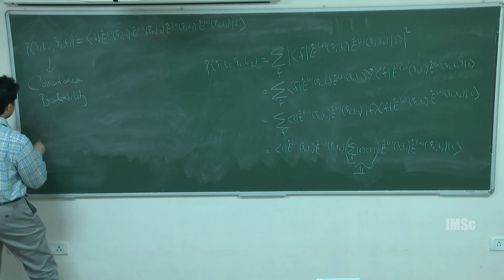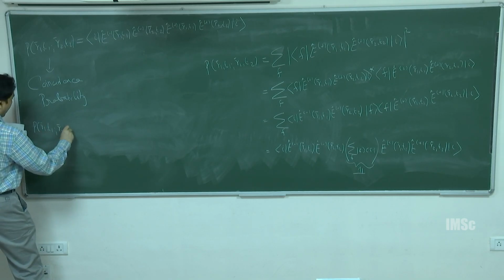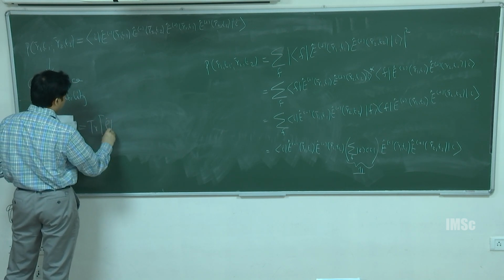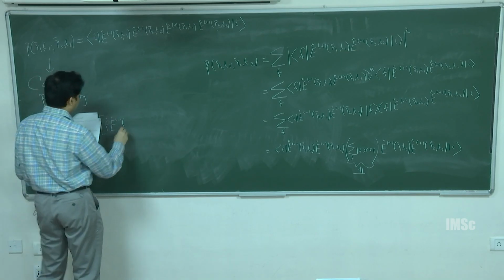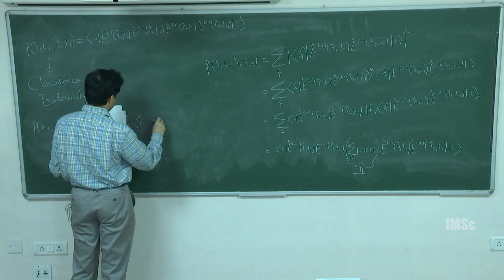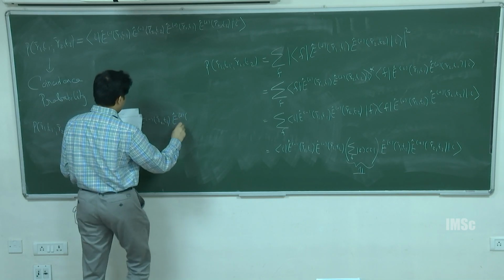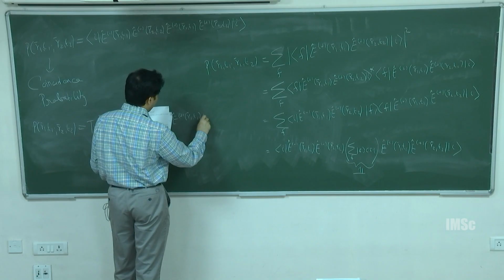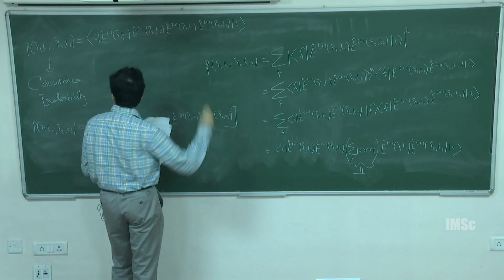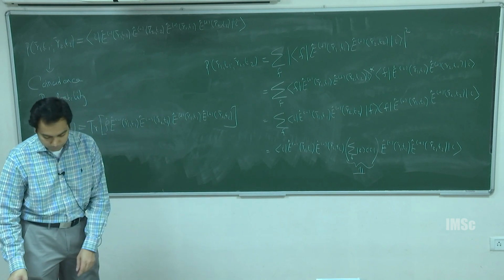So in that case, go to the density operator, and this is how we calculate the joint probability.